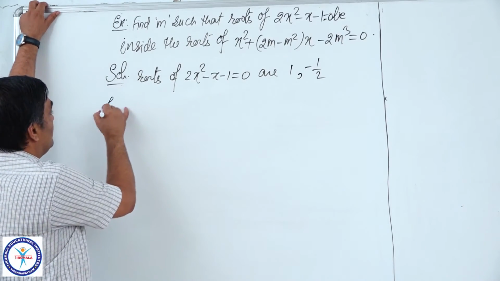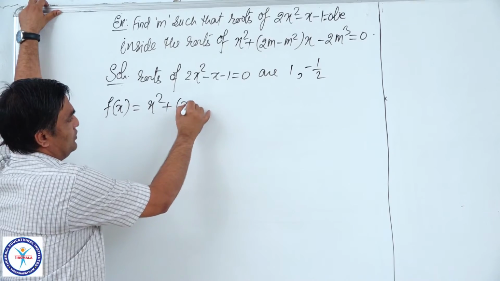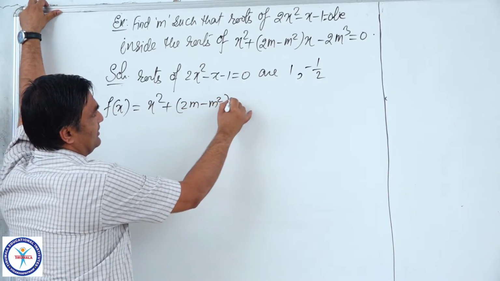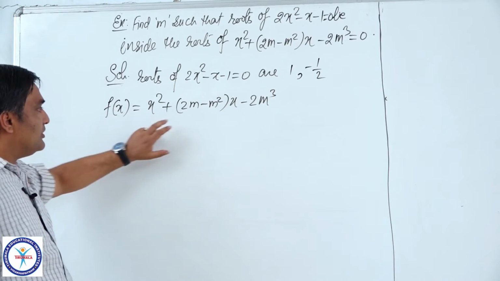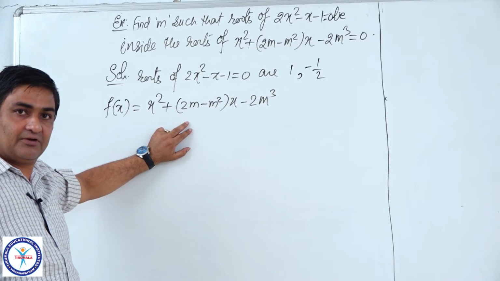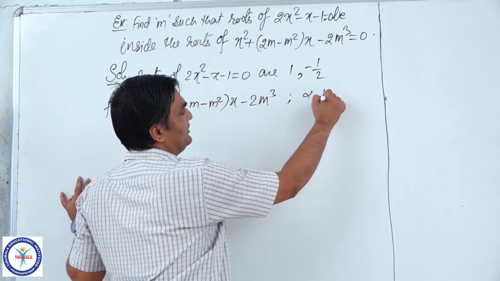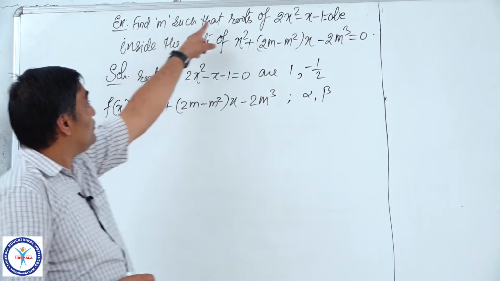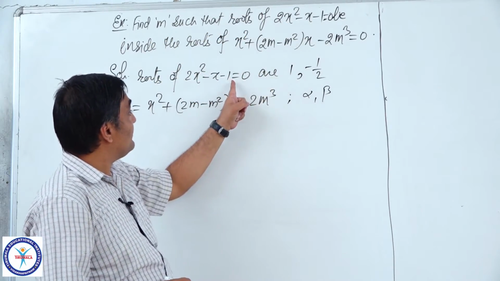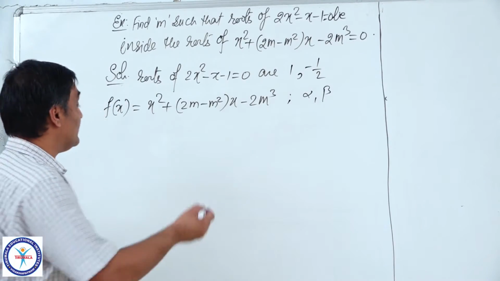Now, write f of x as x square plus 2m minus m square x minus 2m cube. Say roots of this equation are alpha and beta. Roots of the first equation lie inside alpha and beta.